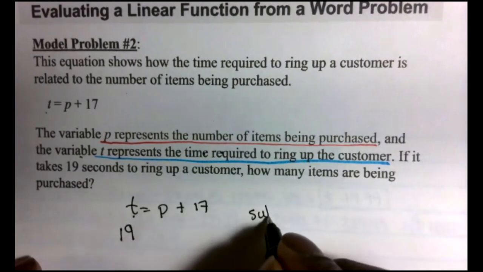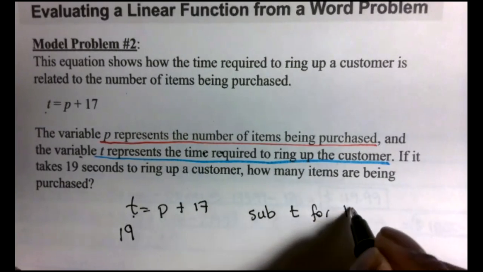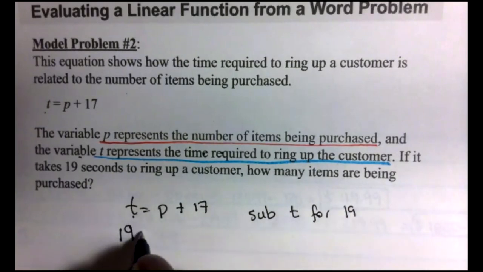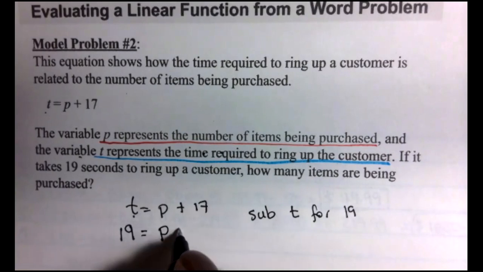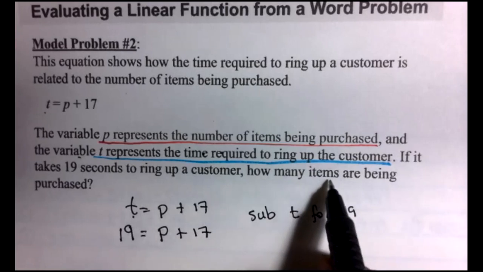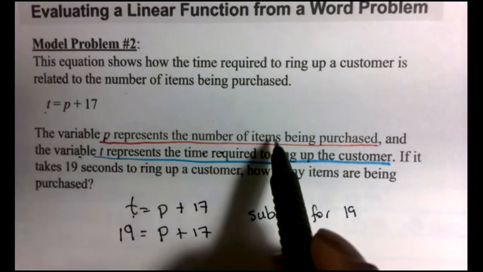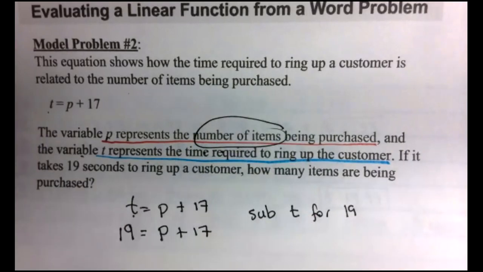So I'm going to substitute 19 for T, so 19 is equal to P plus 17. What did they ask? How many items are being purchased, which is P. So we're solving for P, the number of items being purchased.